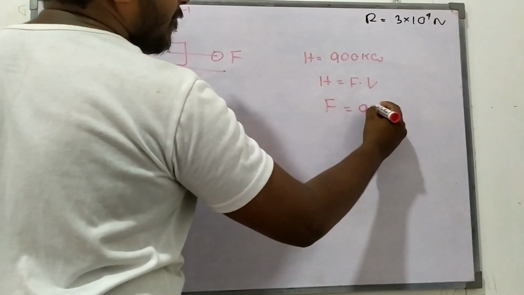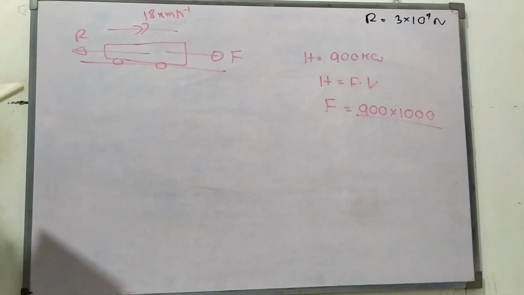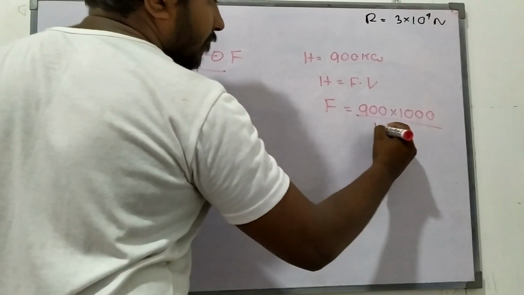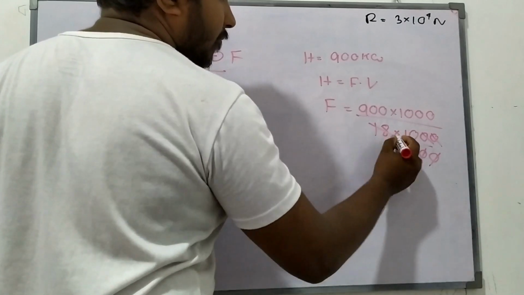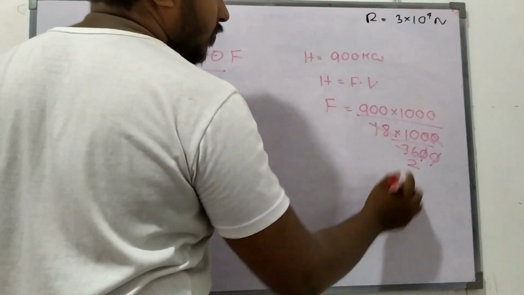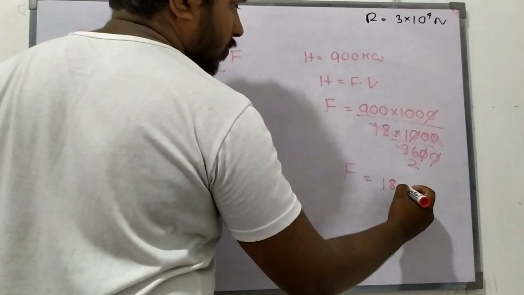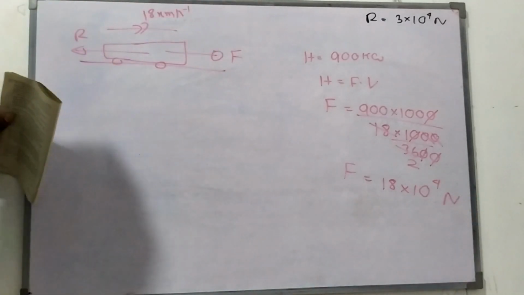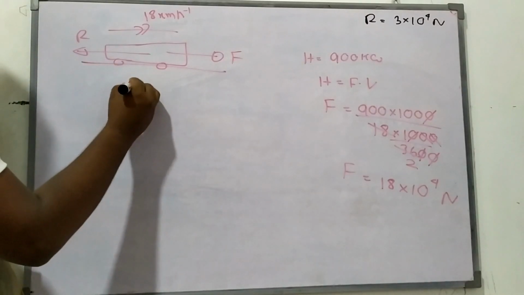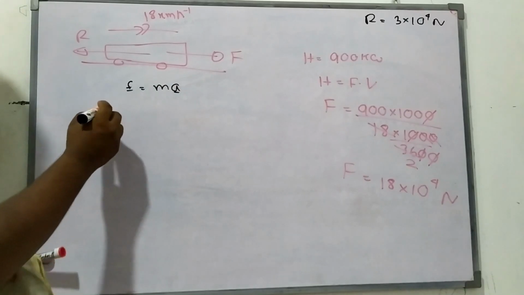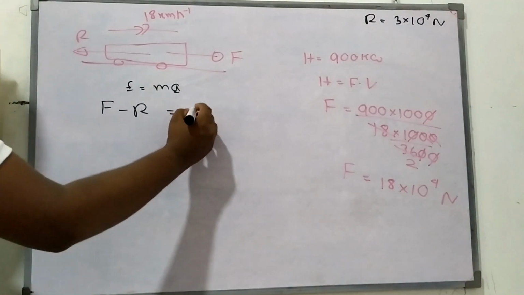So F will be 1000 over the velocity, 18, 360. MA.